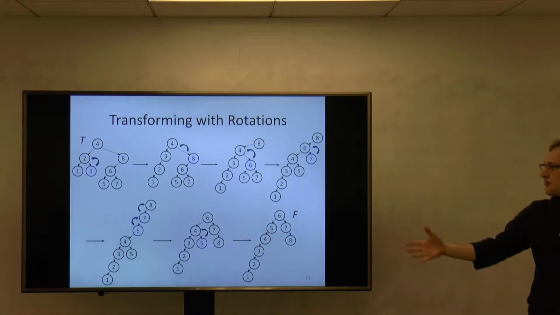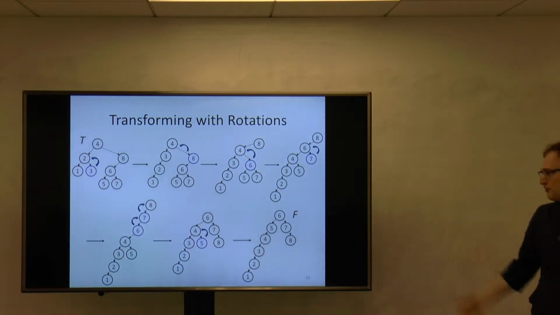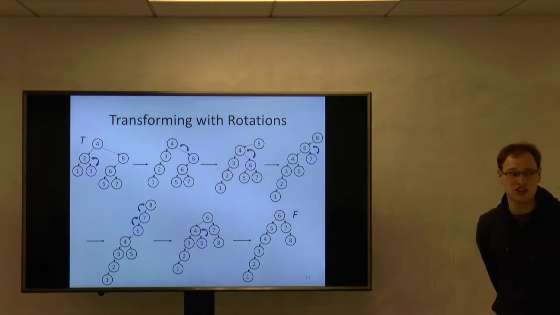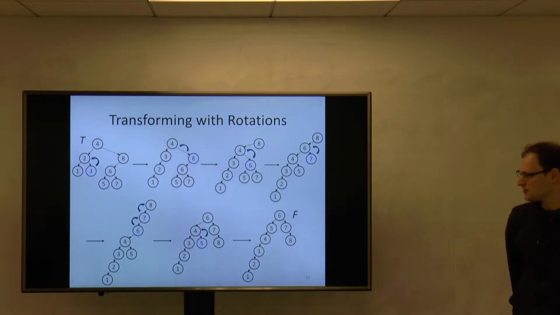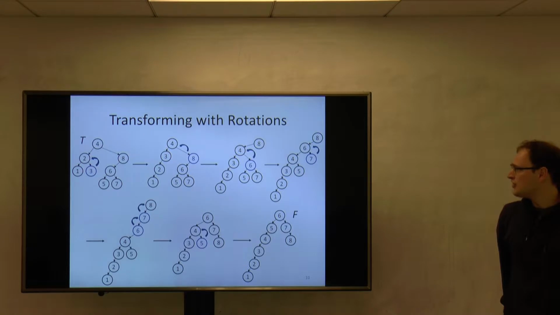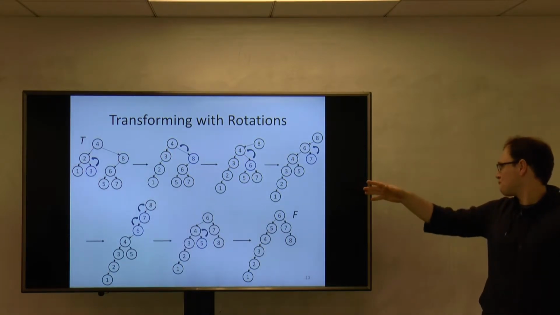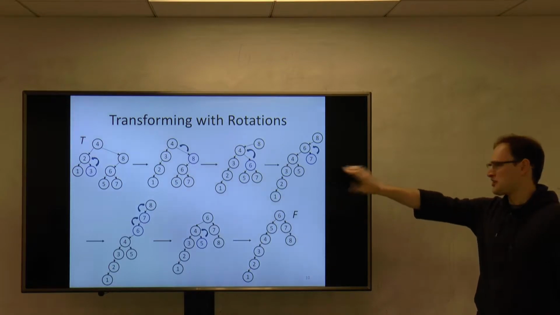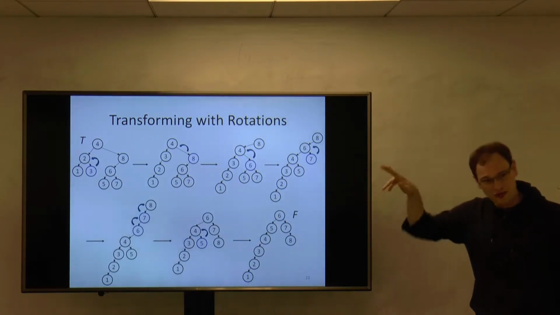This is equivalent to doing rotations where I count a cost of 1 per rotation. There's many ways to transform between any two trees T and T prime with a linear number of rotations. And this is just one depiction. So here the method is we transform T, the starting tree, into some canonical flat tree.